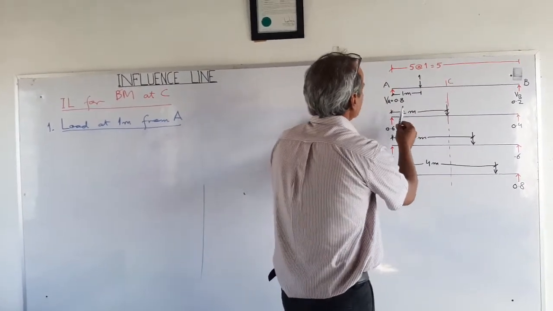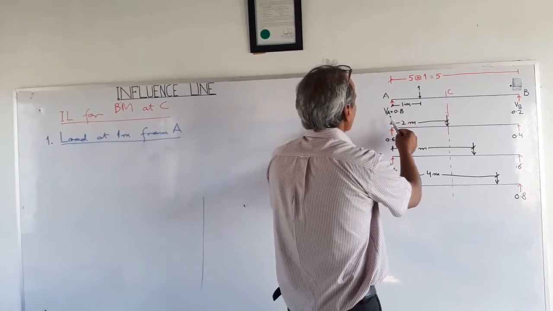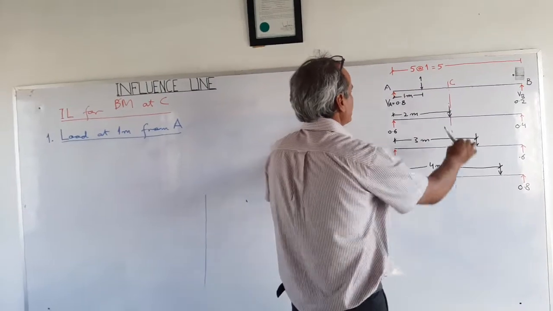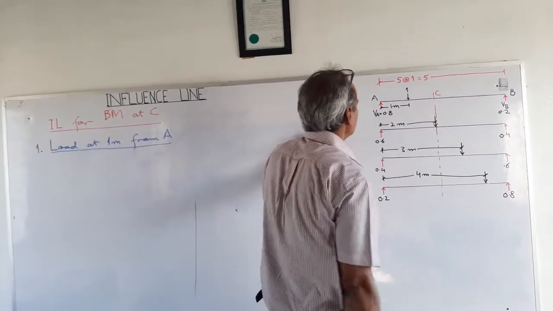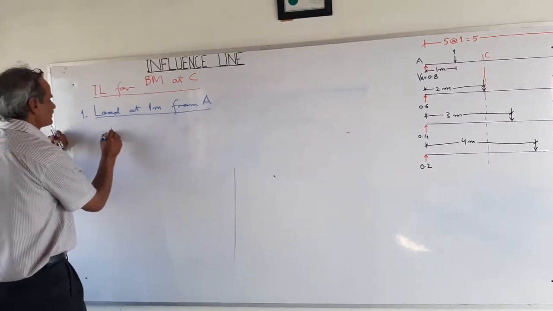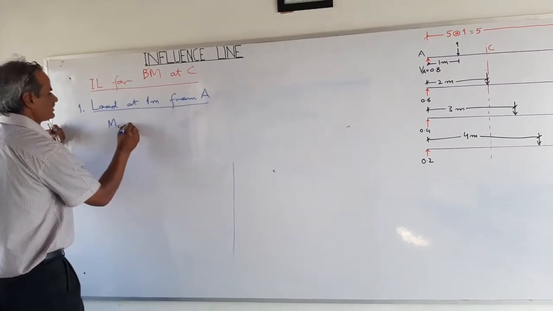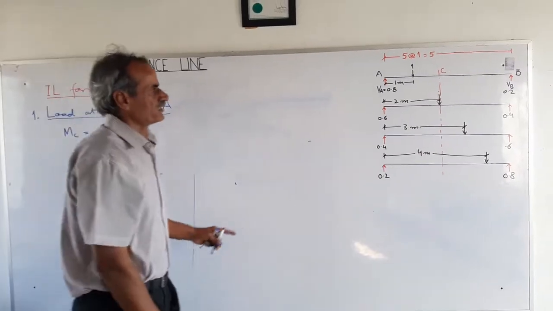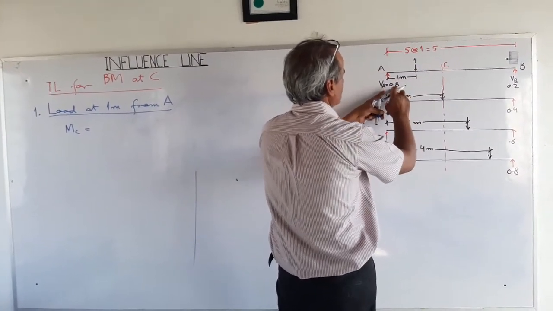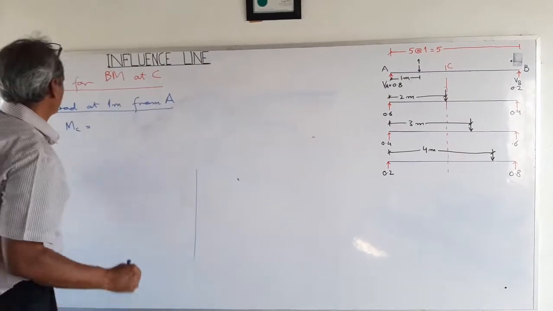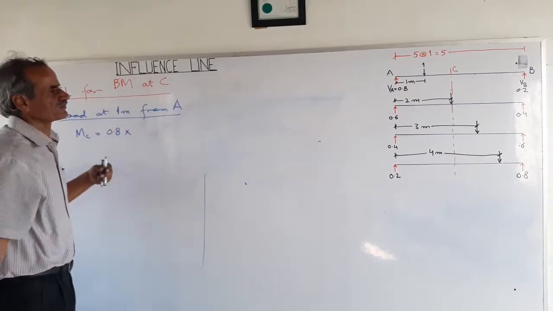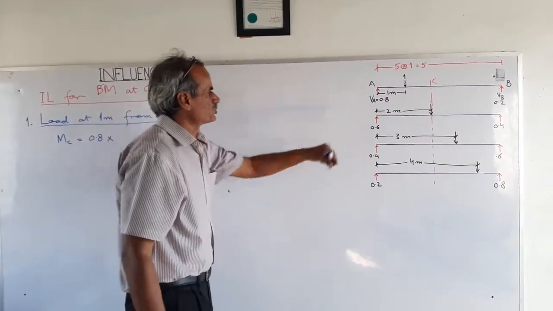So if we take clockwise values as positive and anti-clockwise as negative, then MC, moment at C, shall be equal to, there are two forces, transverse forces with their moment arms. The first is the reaction at A, and this is 0.8 and its moment arm is 2 meters.